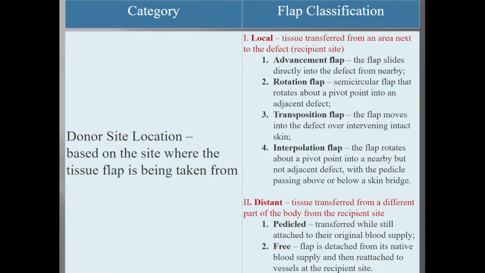And distant flap: tissue transferred from a different part of the body from the recipient site. Pedicle: transferred while still attached to the original blood supply. And free flap: it's detached from the native blood supply and then reattached to a vessel at the recipient site. And this free flap is the same as a skin graft.